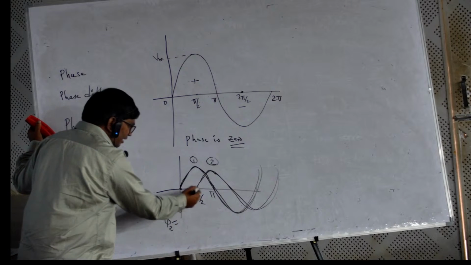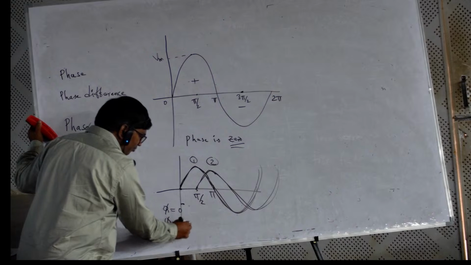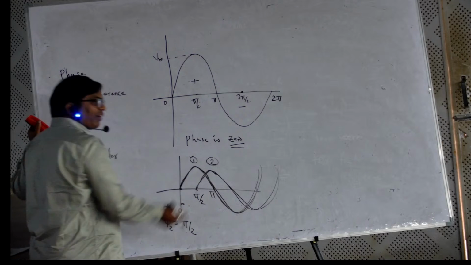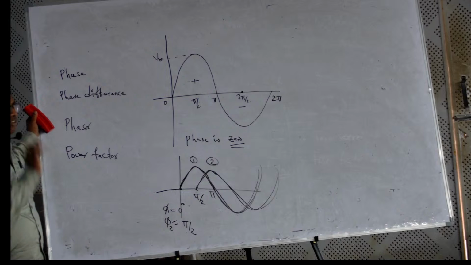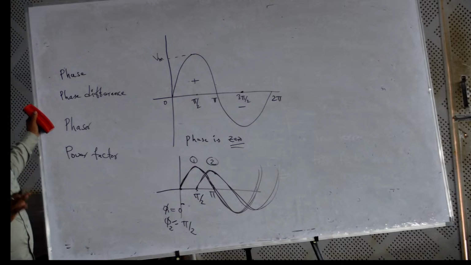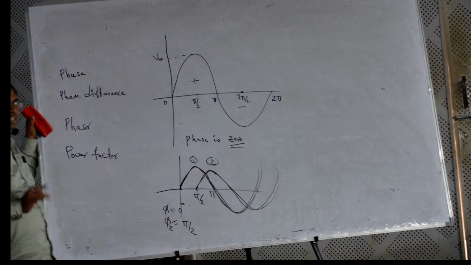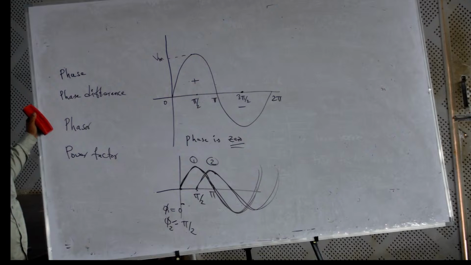So the phase of the second waveform is pi by 2 and the phase of the first waveform is 0. Phase difference is the difference of phases of two waveforms, a comparison of phases.